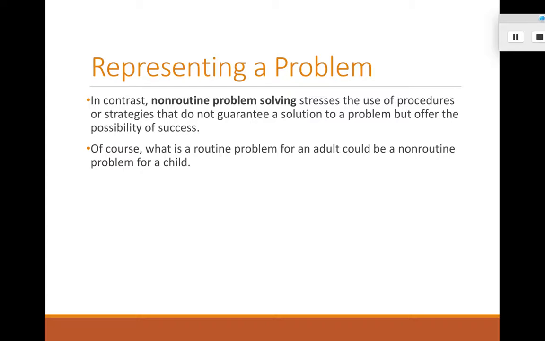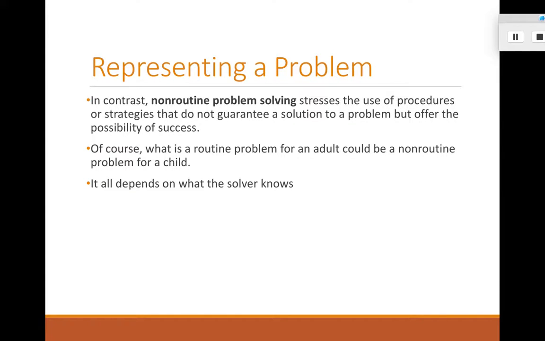For an adult, if an adult throws a temper tantrum, that's not an appropriate type of solution, and it's not going to actually get you to your goal state in that particular instance. So when we think about these differences between individuals and also between routine and non-routine problem-solving solutions, it really all depends on what the solver knows, because it's going to heavily depend on their previous experiences and what they know in terms of their skill levels and their resource level as well.